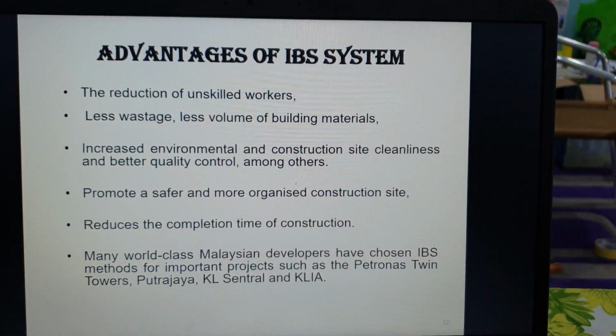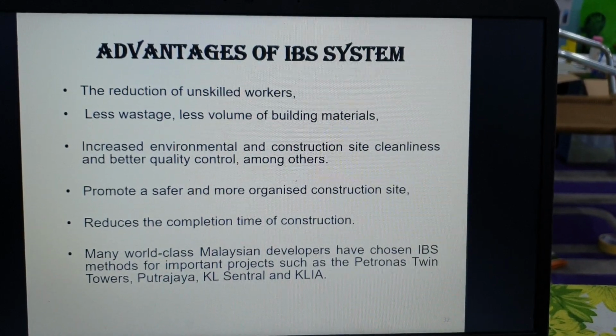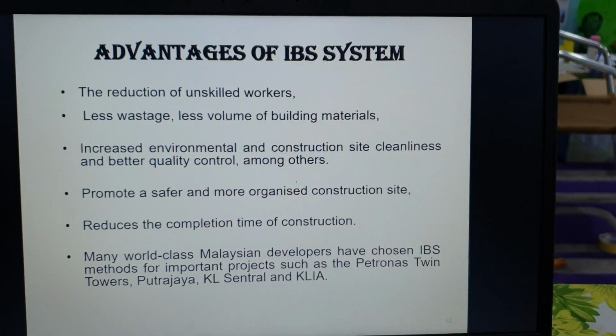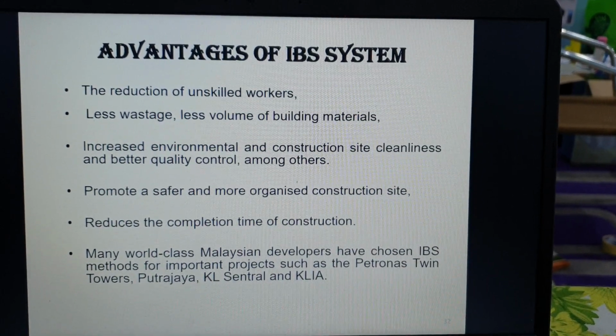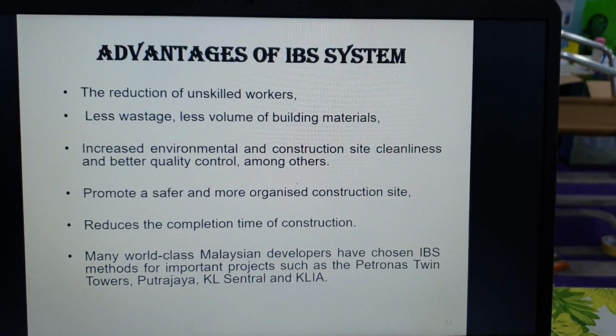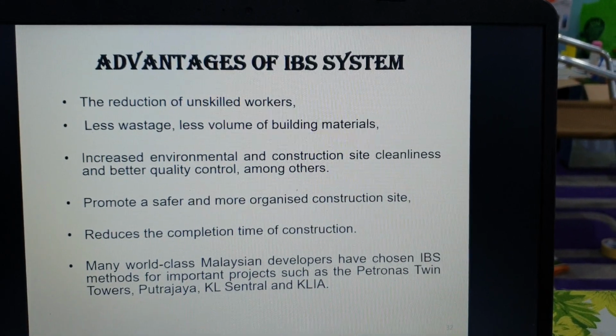The advantages of IBS: reduction of unskilled workers, less wastage, less volume of building material, increased environmental and construction site cleanliness, and better quality control, among others. It promotes a safer and more organized construction site and reduces the completion time of construction.